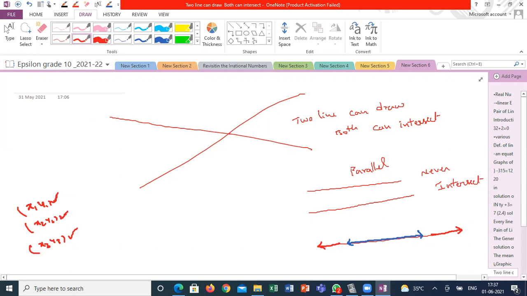Suppose 2 lines are intersecting. See here, there are so many points. The blue line has so many points, and if I substitute them in this equation, it will satisfy. The red line also has so many points.